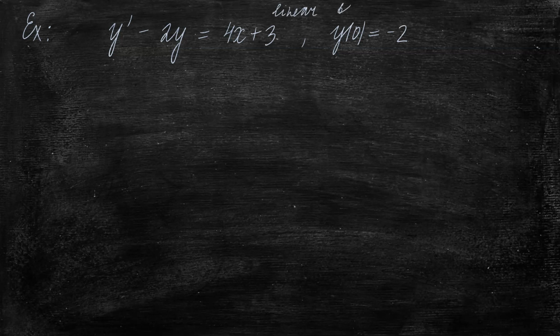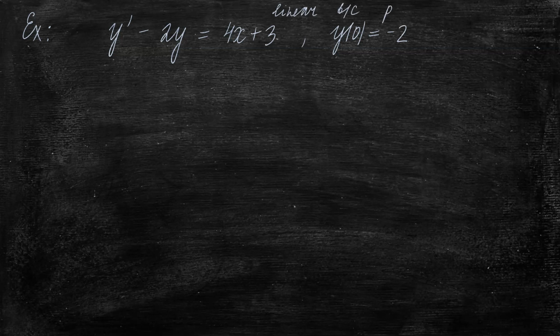Let's do another example. Let's make this an initial value problem. And again, let's identify p and q values that tell us that this is a first order linear differential equation.